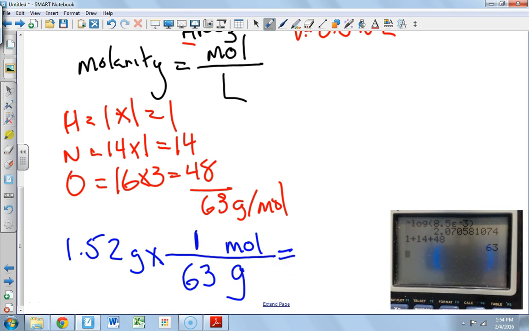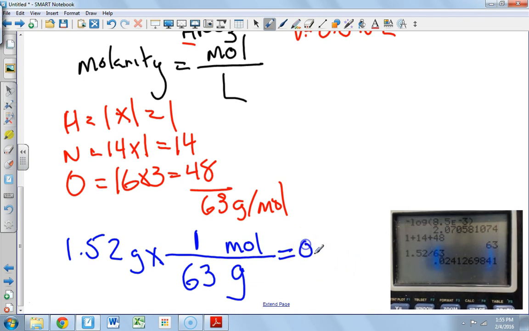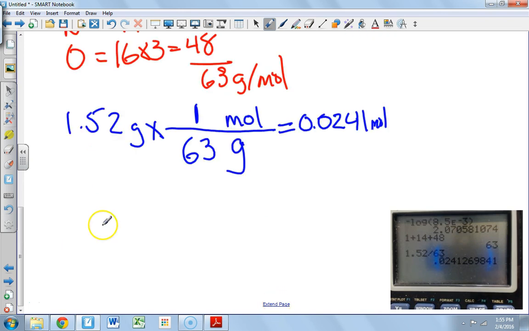And so now we do that math, 1.52 divided by 63, and we get 0.0241 moles. Okay, we're still not done because now we have to calculate the molarity.